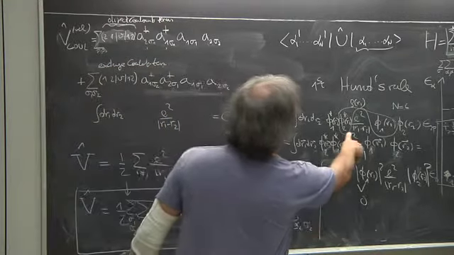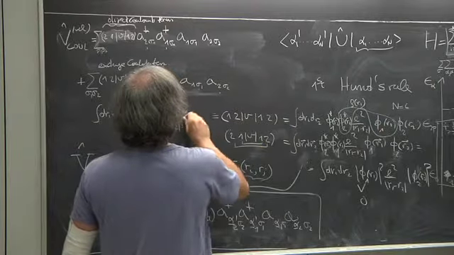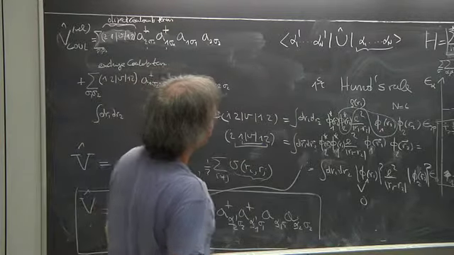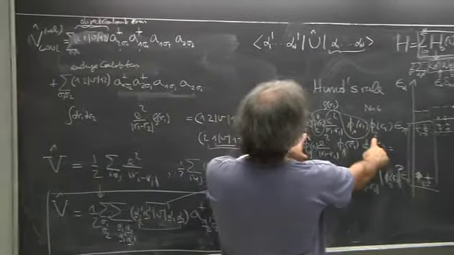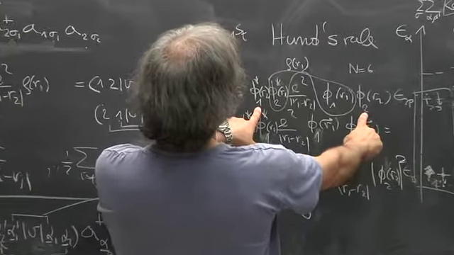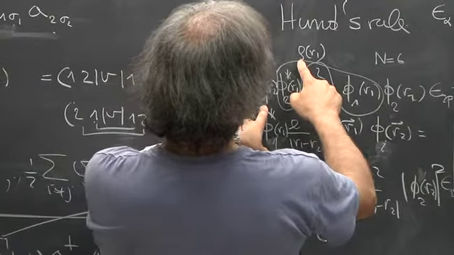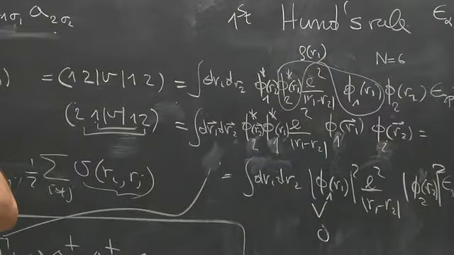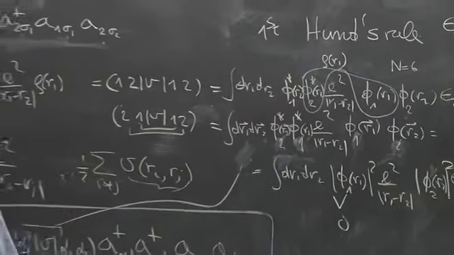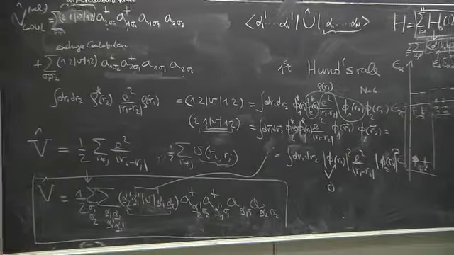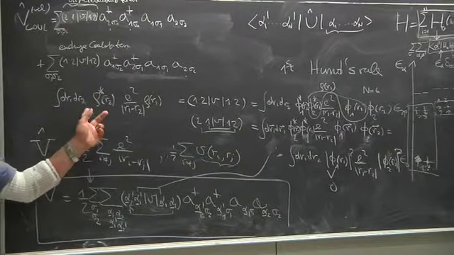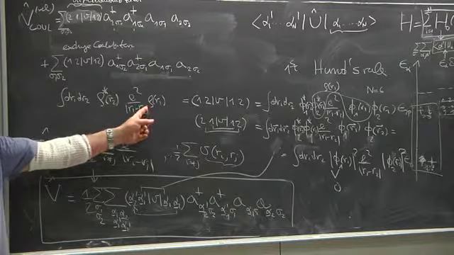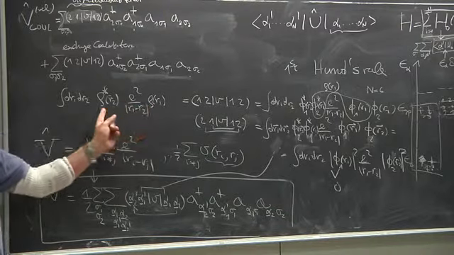Then I have rho of R1. And what is this remaining thing? Well, it's the star of rho evaluated at R2. Rho star R2. Okay? So this looks a kind of self-interaction, however, of a charge distribution ρ that is in general complex.